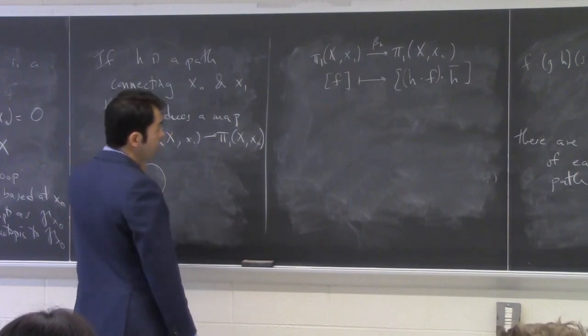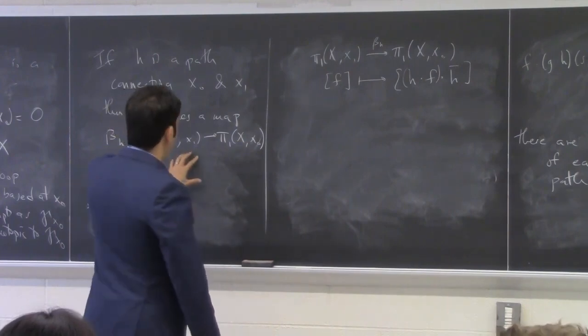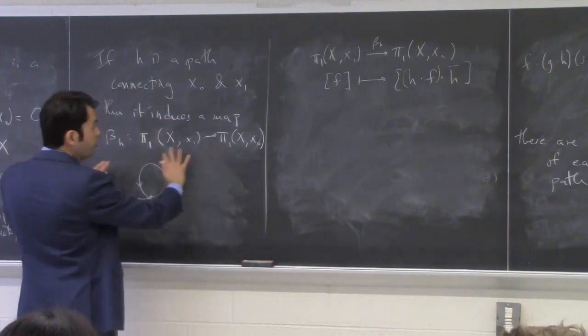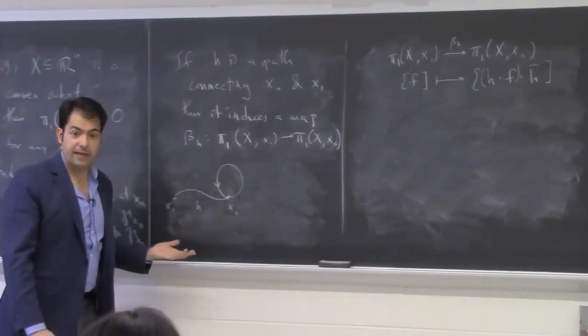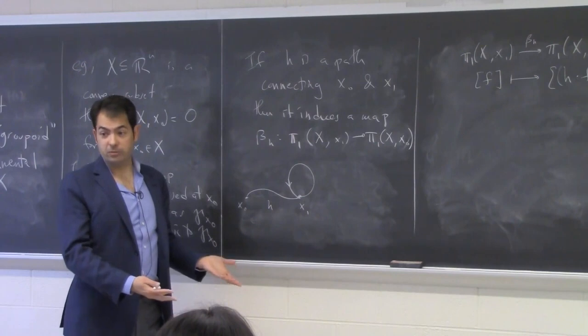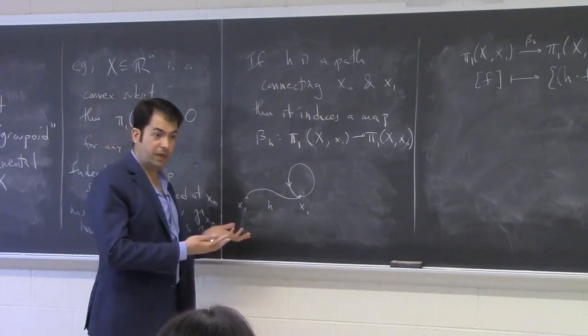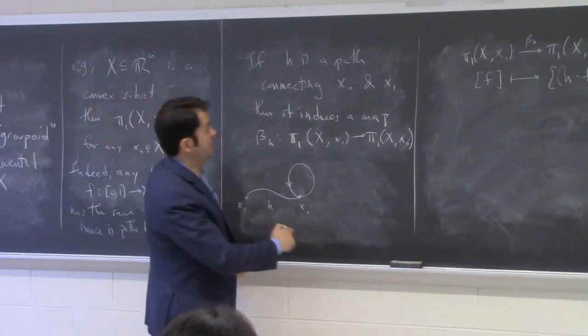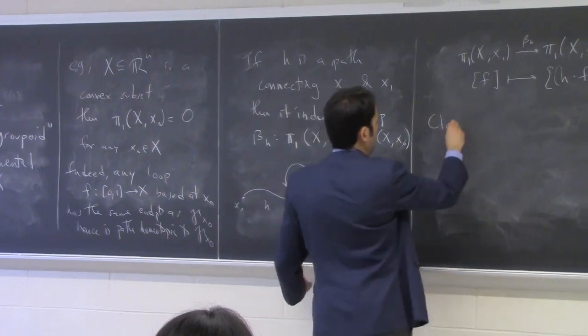Okay, so we have this map, but of course these are groups, so we really would like to have a group homomorphism, and in fact we'd like to have a group isomorphism. So let's check that this is.